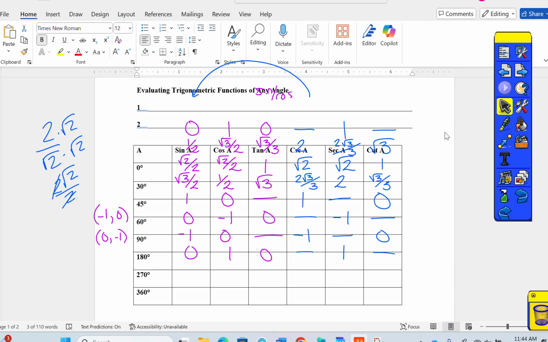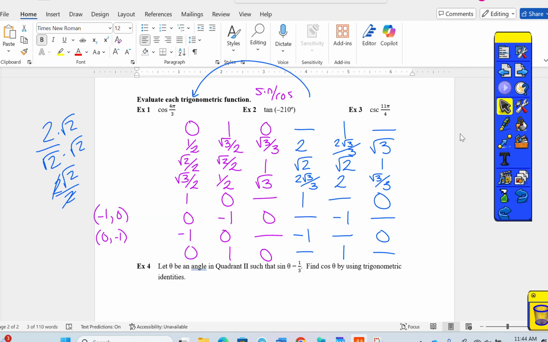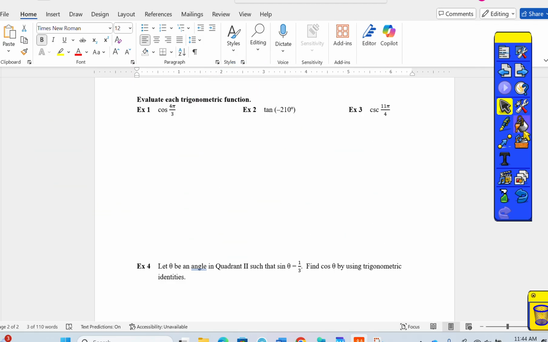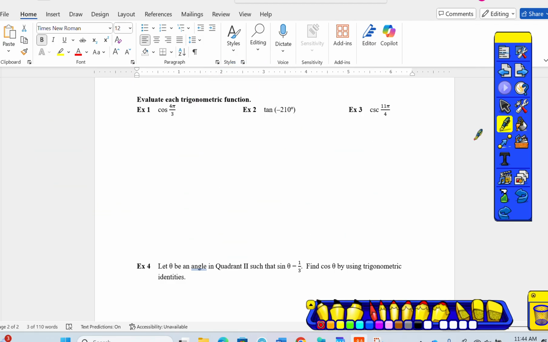Okay, so let's go to the back. Now, I know some of you have a non-CAS. CAS users, you're lucky because you should be able to plug these in and get the answer nice, without getting a decimal.